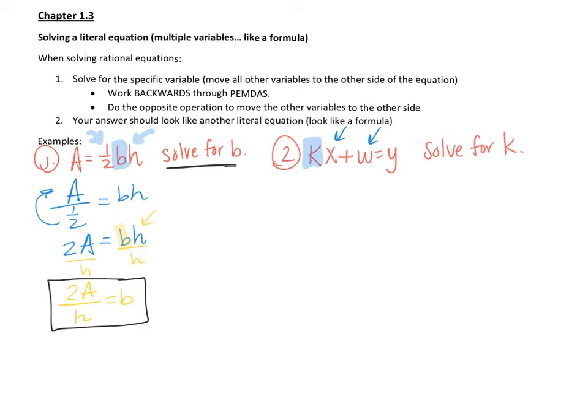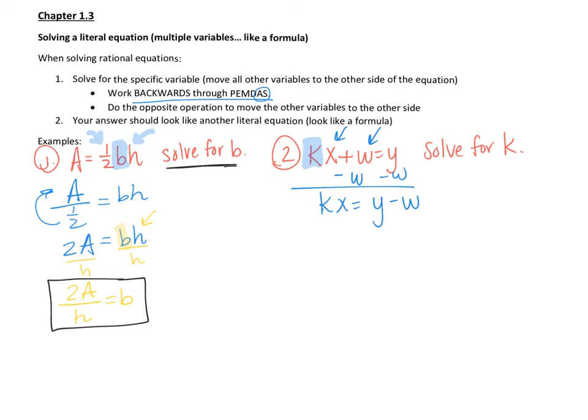Remember, if we're working backwards through PEMDAS, I need to first look at what is being added and subtracted to that k. So I need to get rid of that w. To undo that adding w, I'm going to subtract w from both sides. So I'm going to have kx equals y minus w.